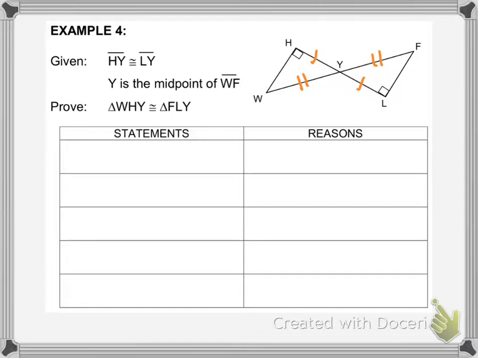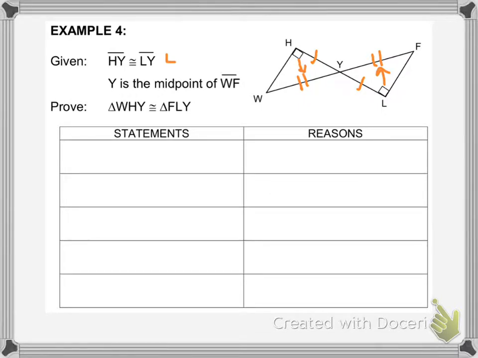So we might have an HL thing going on here. So if we do, the HY and the LY, those would be the legs. These would be the legs. And then the WY and the YF, those would be the hypotenuses because they are across from the right angles.